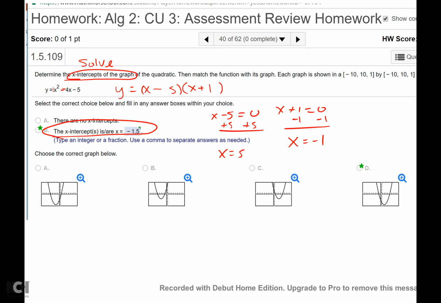And if you look for the graph that has that vertex, negative 1, 5. Oh no, that's not the vertex, I'm sorry. These x-intercepts, negative 1 is right there, 5 is right there. That has the right x-intercepts, the rest of them don't, so it's got to be t.